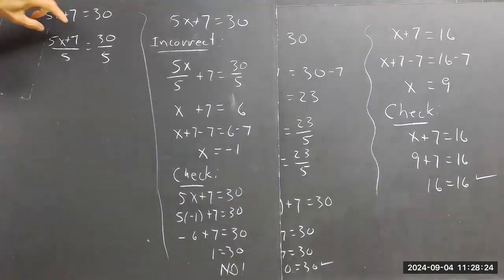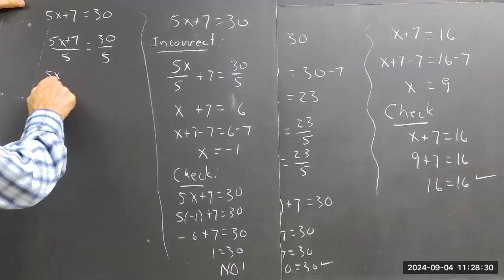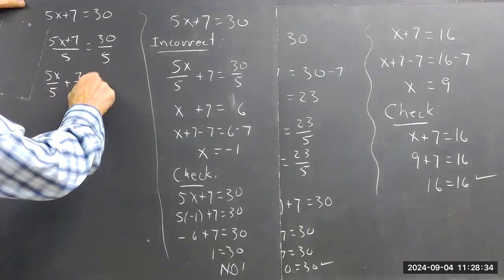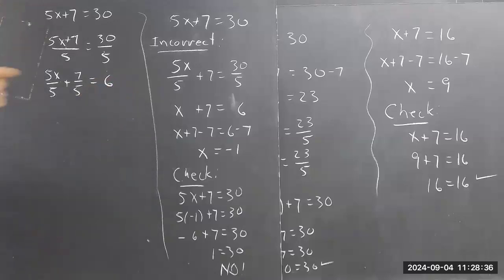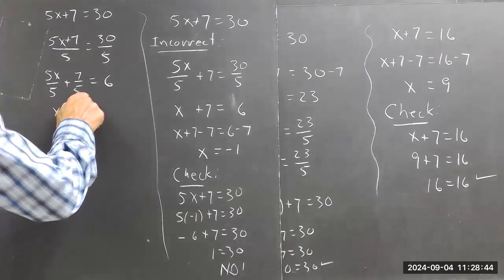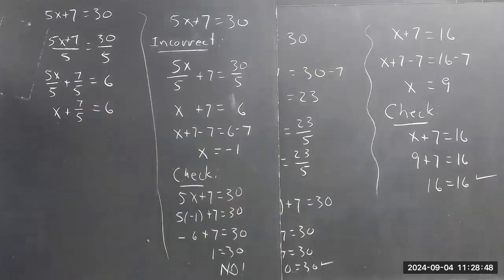But notice I divided the whole 5x plus 7 by 5, which means I've got 5x over 5 plus 7 over 5. And of course, 30 over 5 is 6. Which means I've got x plus 7/5 equals 6.